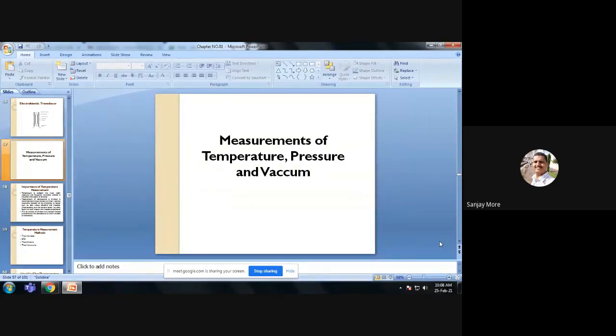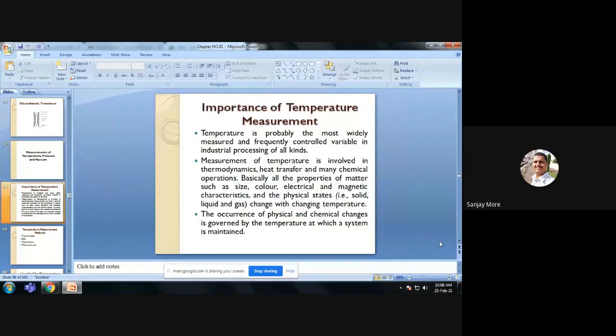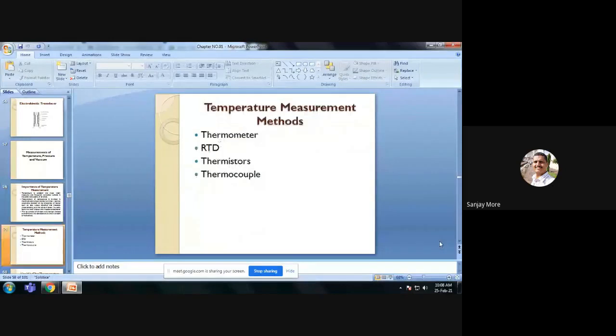So yesterday's lecture we started measurement of temperature, pressure and vacuum. In that measurement of temperature, the first point is covered. There is a thermometer.